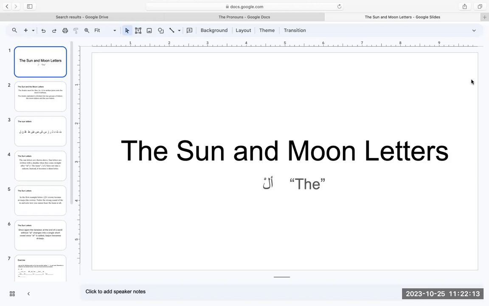But with the sun letters, once you add the alif lam, you cannot pronounce the lam, like the word as-salam. When you say assalamu alaikum, it sounds like you are saying the alif, but you are not saying the lam.